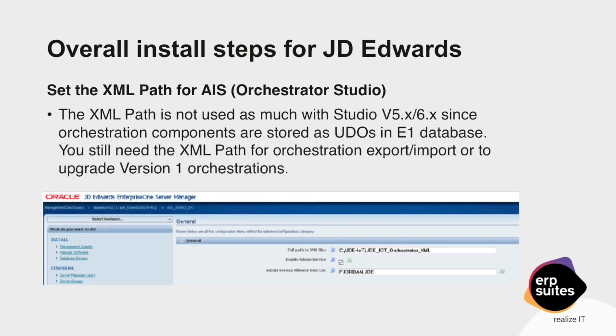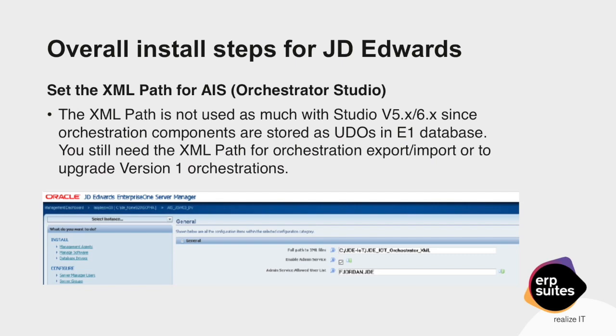So, XML path, again, if you're doing anything that's version 5 or version 6, you don't have to worry about the XML path. I'm showing a little bit of the history here. Before UDOs came out in 9.2.1, the files were XML files. So you actually had a folder and all this stuff got put into it. Let's say I created them in test and DV.